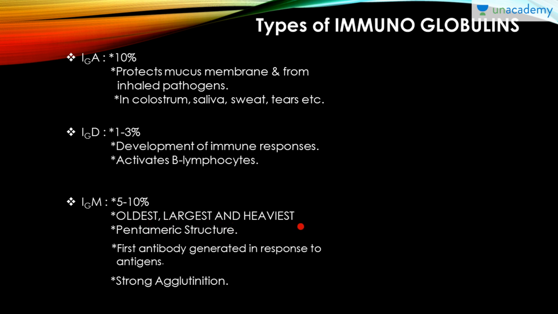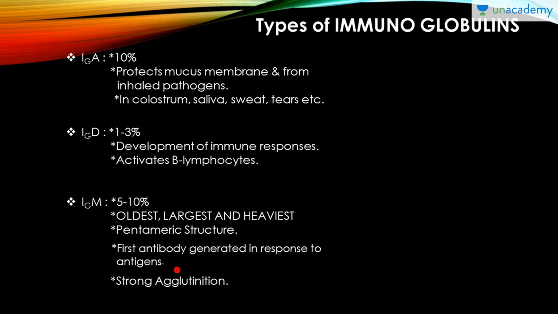It is a pentameric structure, and it is the first antibody generated in response to antigens. Any pathogen that attacks your body, the first antibody produced will be immunoglobulin M.